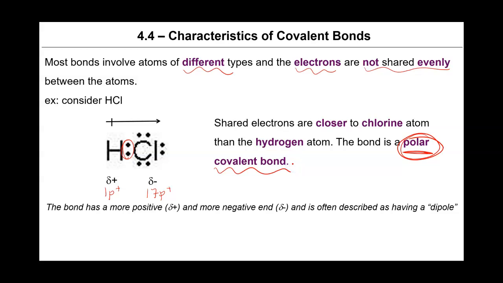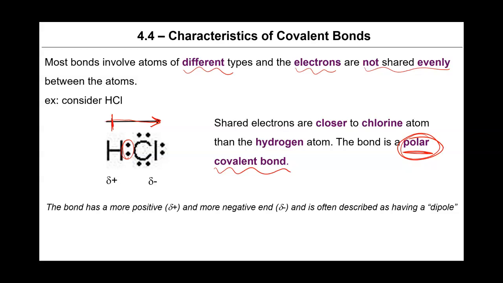And we have a couple of ways of indicating that a bond is a polar covalent bond. One way is to use what we call a polar arrow. In a polar arrow, we draw an arrow directed towards the atom that gets the greatest share of electrons, and then we make the other end of that arrow into a positive sign.